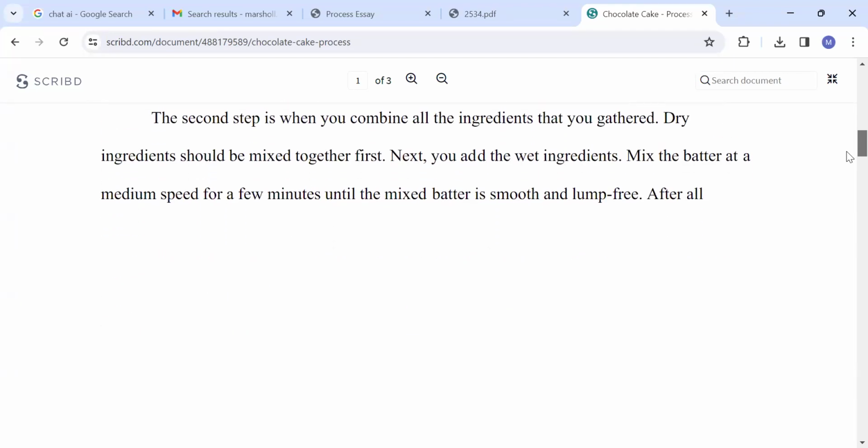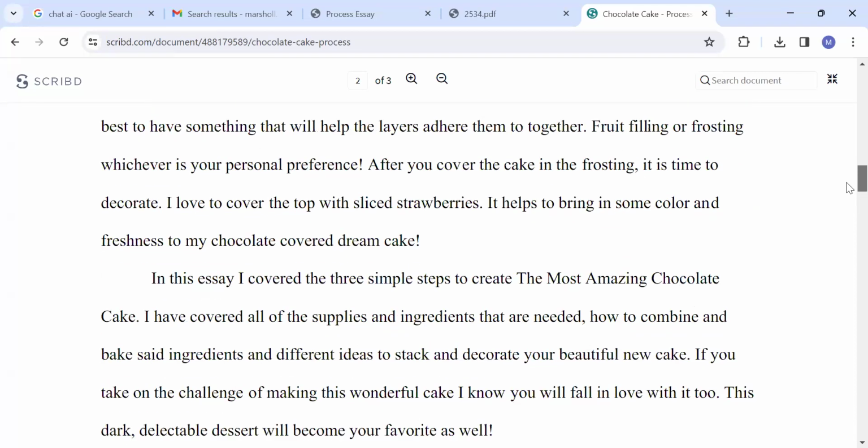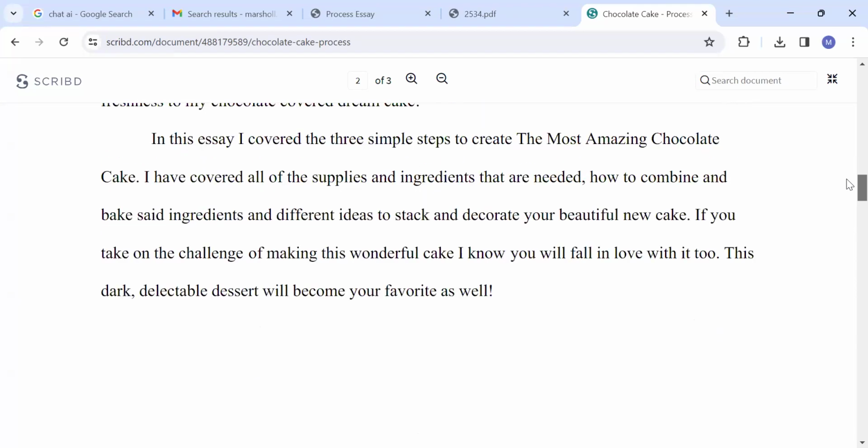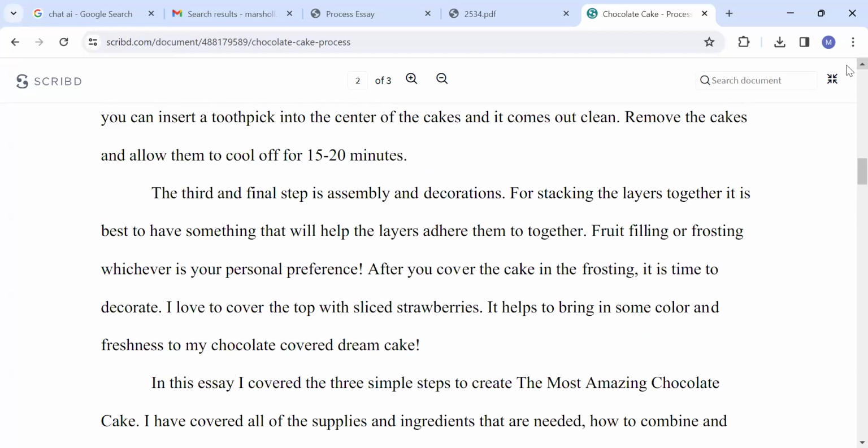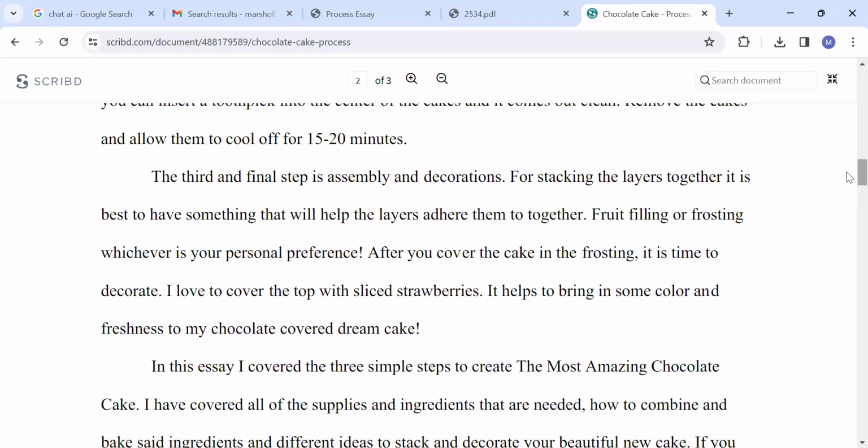And after you finish writing these 3 paragraphs, all 3 starting with your topic sentence and your steps in chronological order, and then your synthesis statement, we're going to move on to our conclusion.